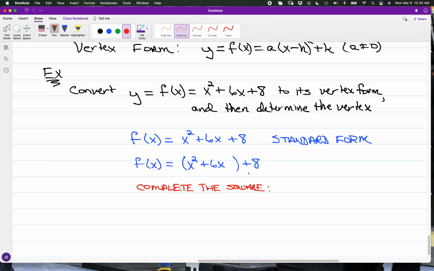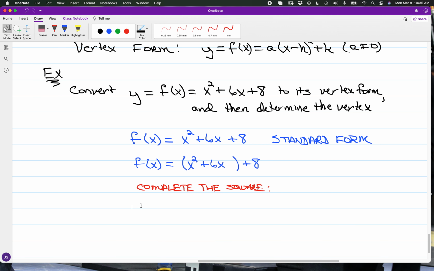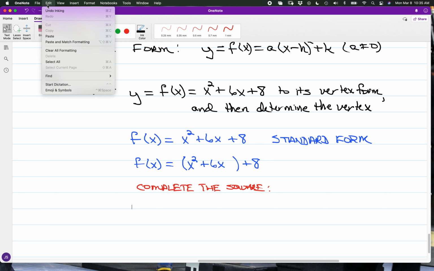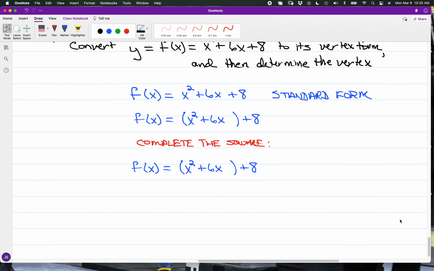For what this is referring to, you have what's inside parentheses, x squared plus 6x, and you want the first term inside, with x as the independent variable, to be just x squared, nothing like 3x squared or negative 2x squared. You want only 1x squared at the front inside the parentheses.